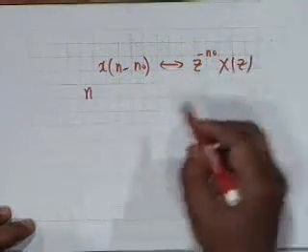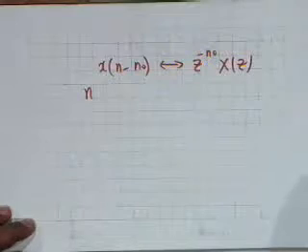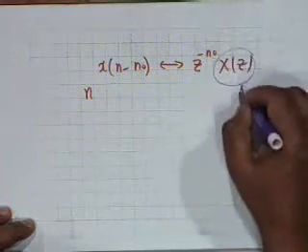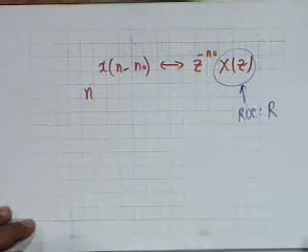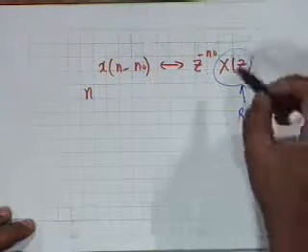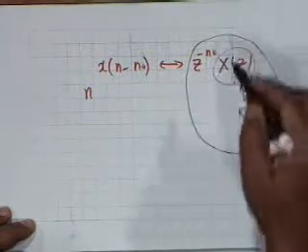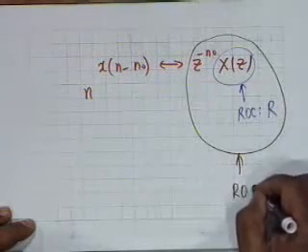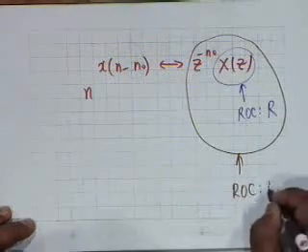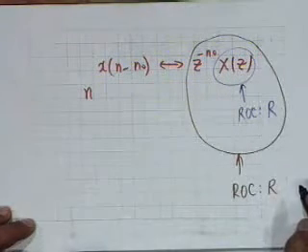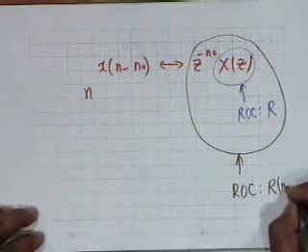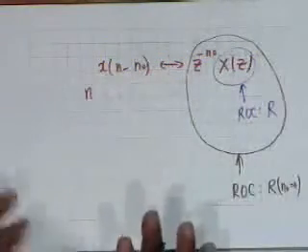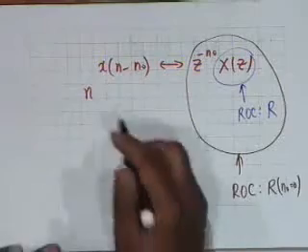Suppose the ROC of capital X of Z we denote by R. Then we are interested in the ROC of the whole thing, that is Z to the minus n0 X of Z. The ROC obviously is R if n0 is equal to 0, that is there is no shift, that is a trivial result.